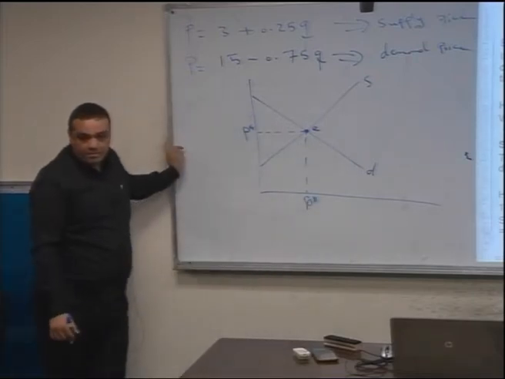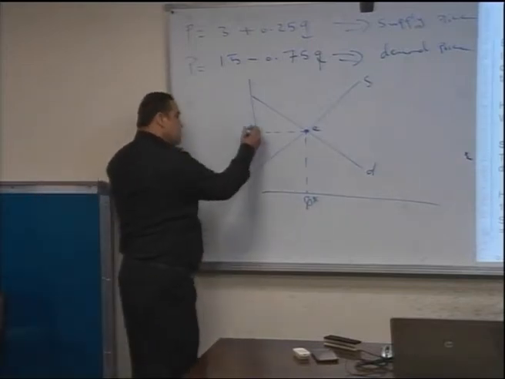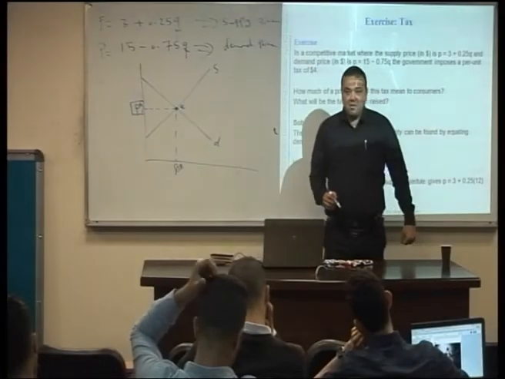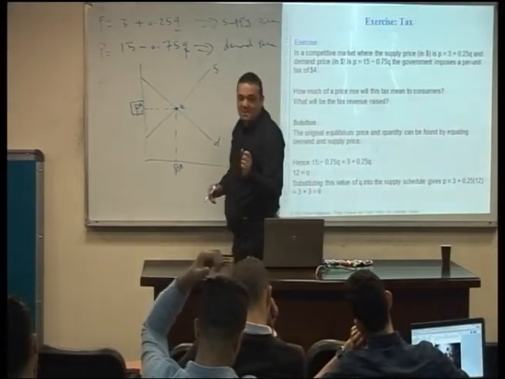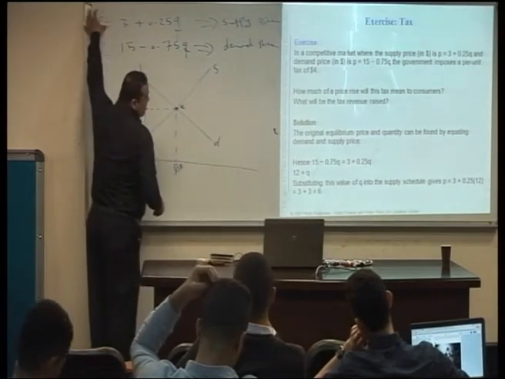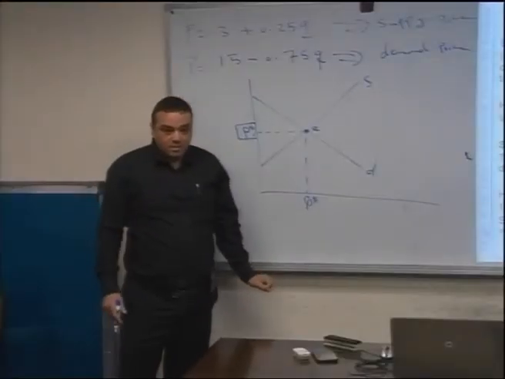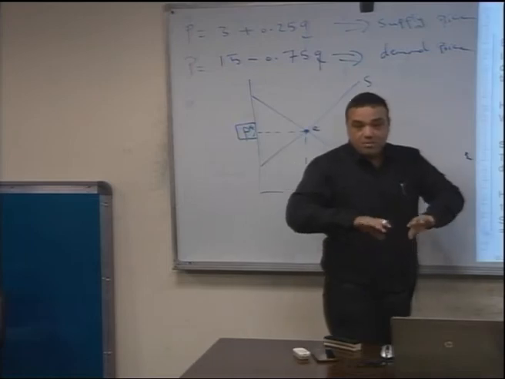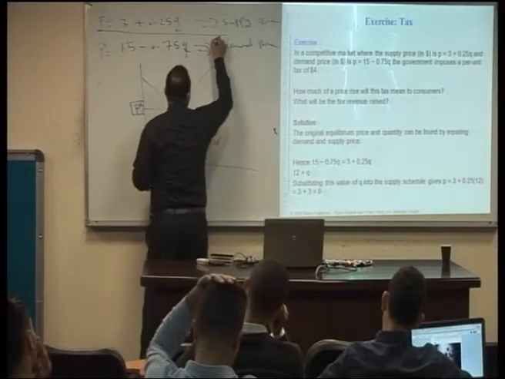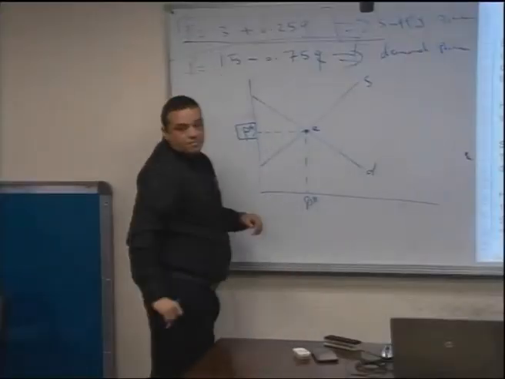At equilibrium, the price paid by the consumer equals the price received by the producer. So the supply price equals the demand price. Right? At equilibrium before taxes, this equals this.